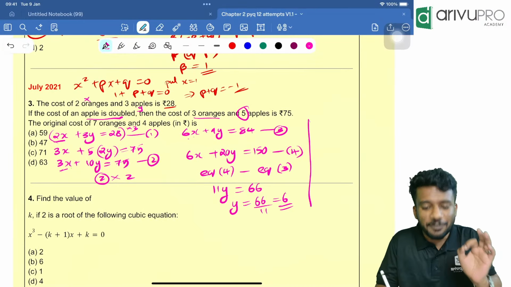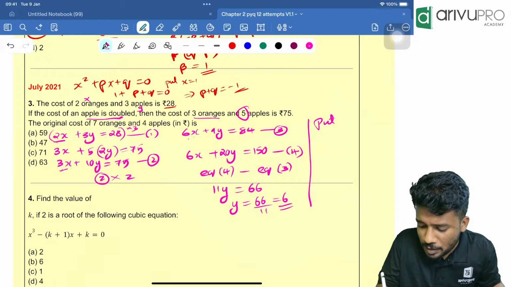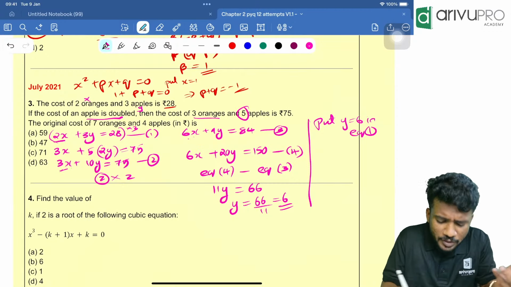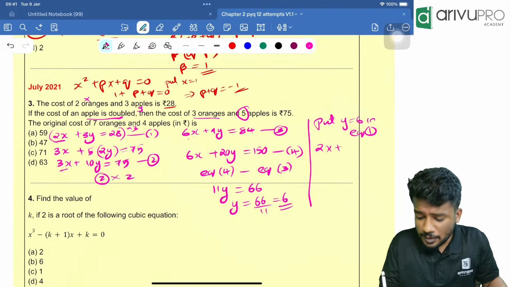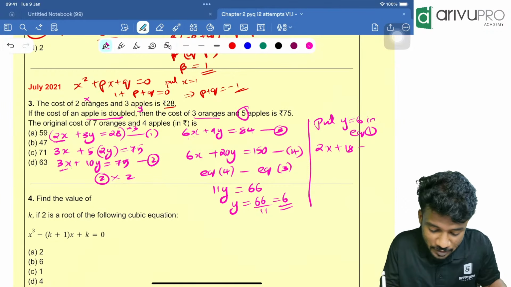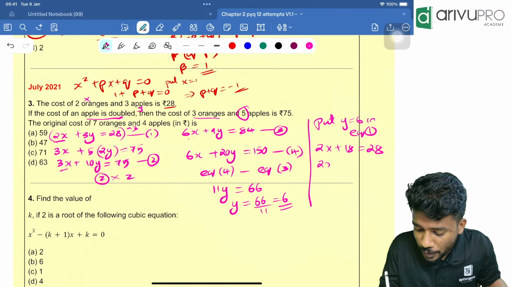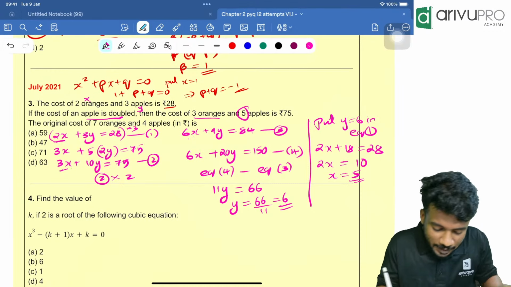Now find me the value of x. Put y is equal to 6 in equation number 1. Substitute over there. That means it will become what? 2x plus 3 into y is how much? 3 into 6 is 18, which is equal to 28. So 2x is equal to 10. X is equal to how much? 5. Now the question is what?